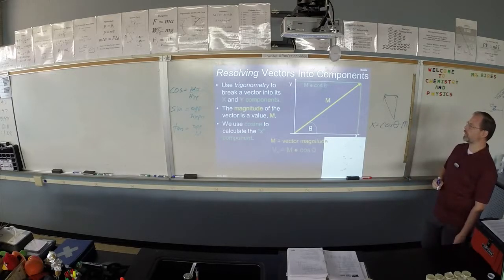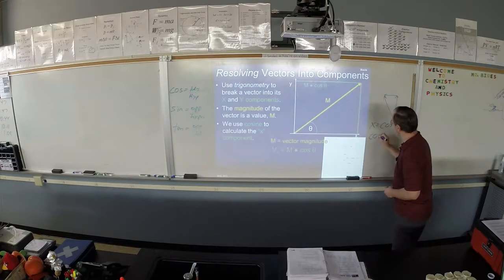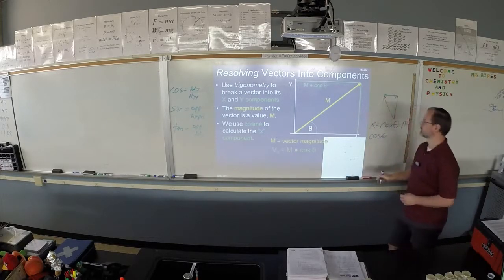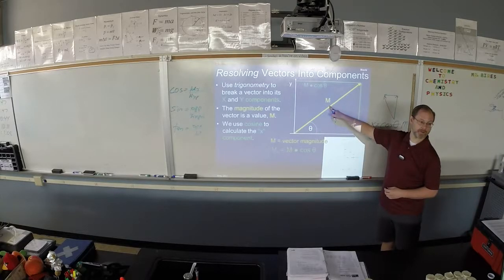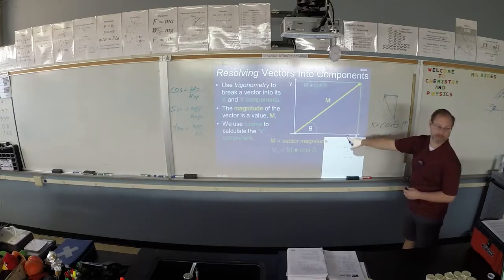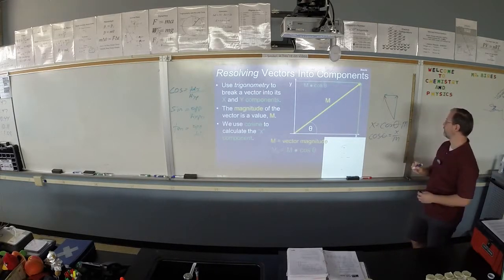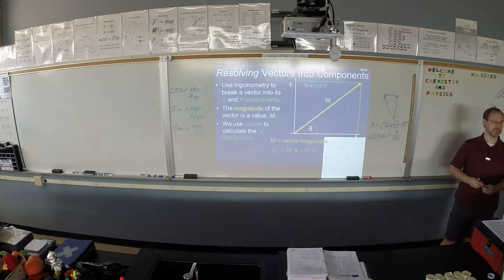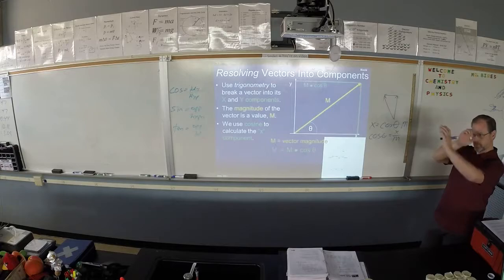I don't get it, Mr. Byers. Prove it to me. Okay. So the cosine of the angle is adjacent over hypotenuse, right? Yes. So adjacent would be the x value, and hypotenuse would be the magnitude. Can you see this in the back row? Should hand out magnifying glasses or telescopes.